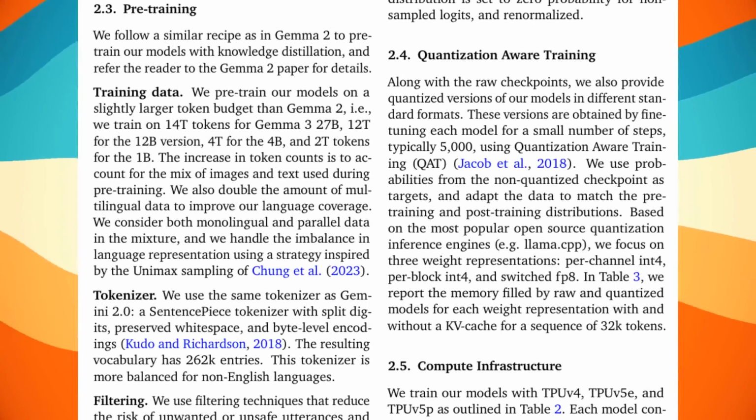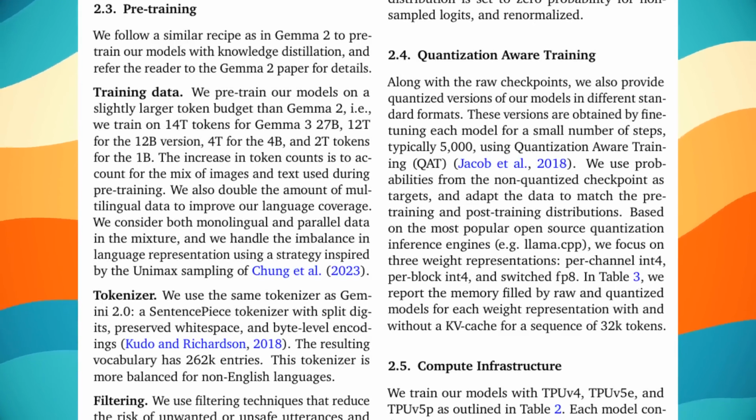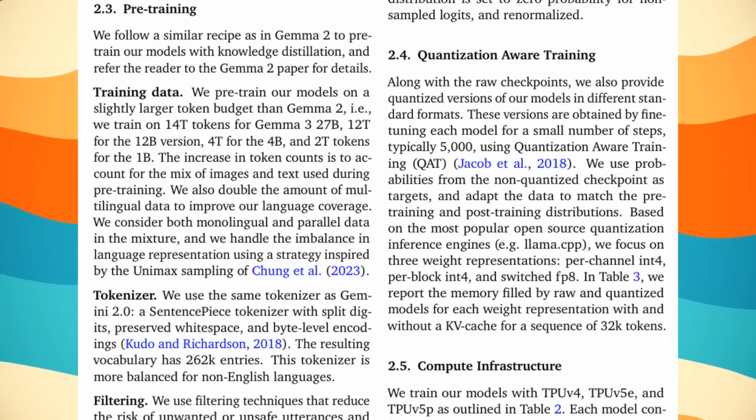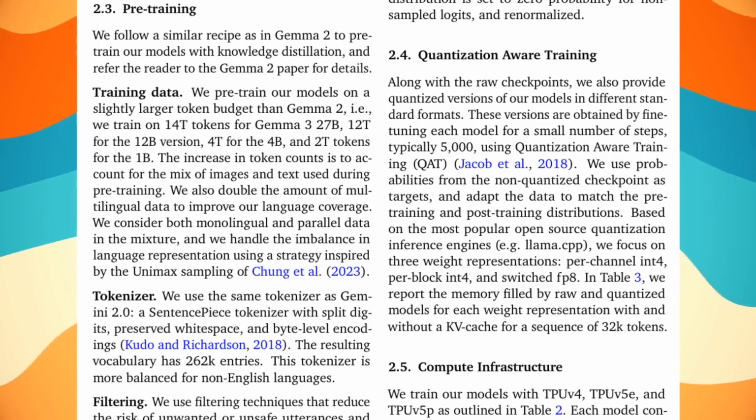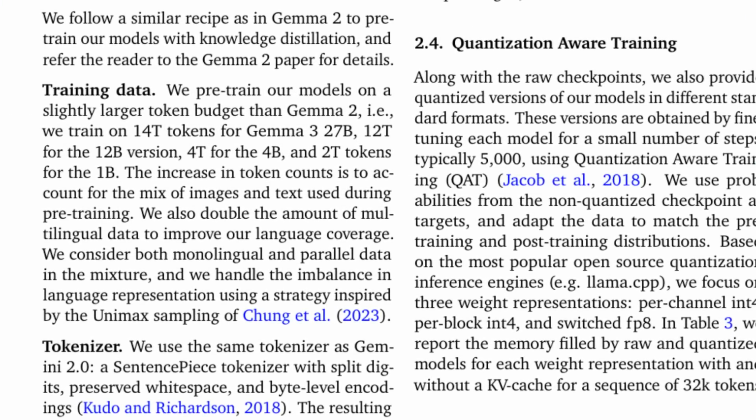So all four of the models have a massive improvement for multilingual data in here compared to something like Gemma 2. And actually the amount of multilingual data that they used is about double what was used for the Gemma 2 models.